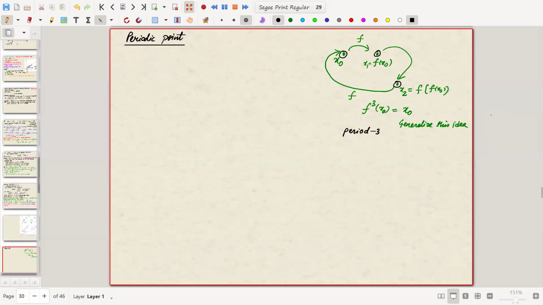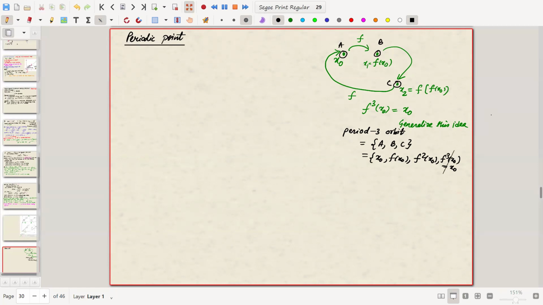This is an orbit. And what are the elements of that orbit? Suppose A, then B, then C. Then the elements of the period 3 orbit are A, B, C, or x naught, f of x naught, f squared of x naught. If you say, sir, how about I add f cubed of x naught? Then you know f cubed of x naught is again x naught, so we don't need to write it.